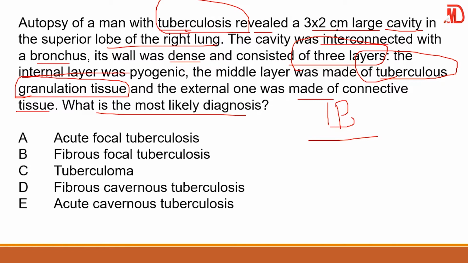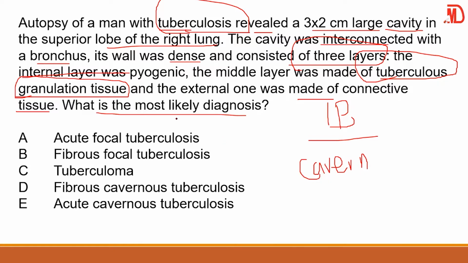Now, in tuberculosis or in medicine, when they talk about a cavity, we are referring to either a cyst or a cavern. A cavern means cavity. That is what comes to our mind. So now we know we are dealing with a cavernous type of tuberculosis. But again, what type of cavernous?